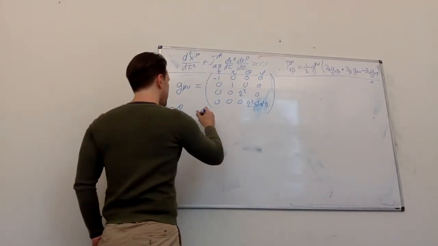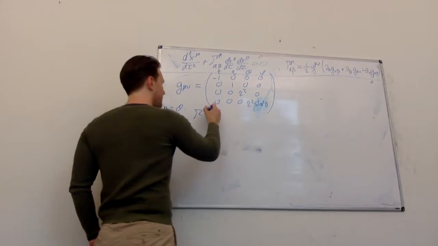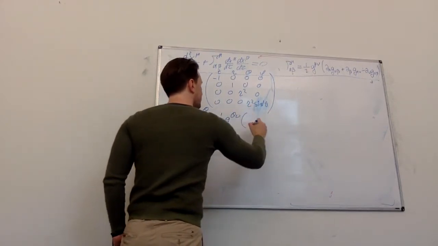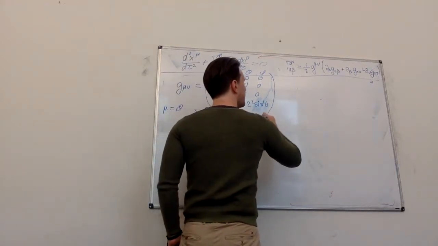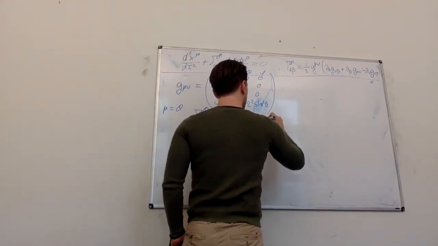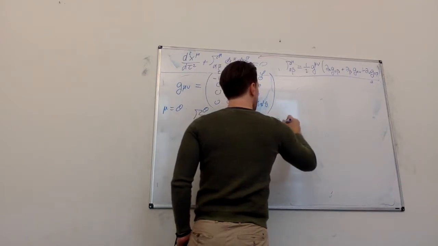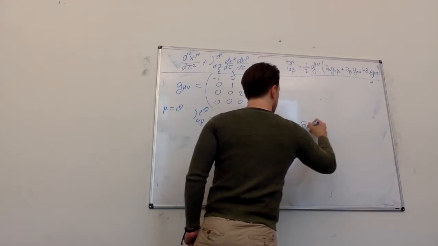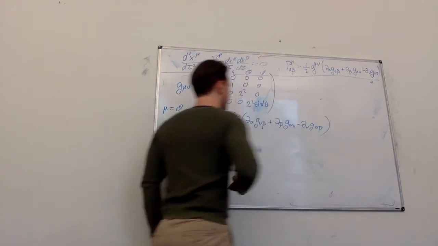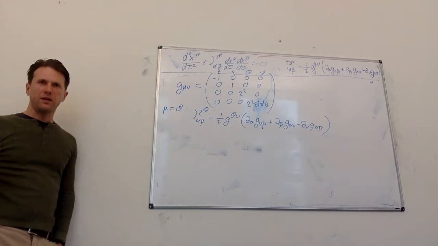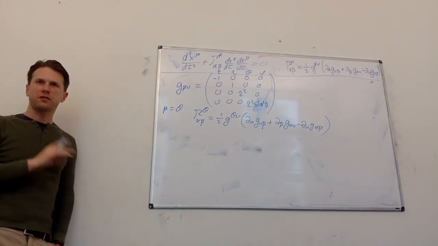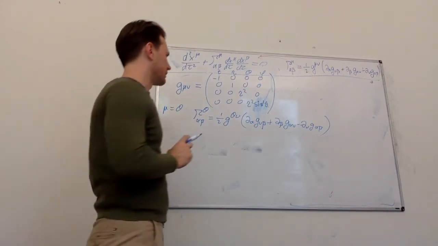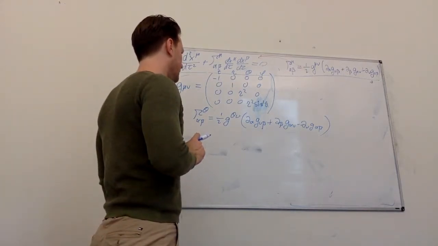So let's write down the Christoffel with mu is theta. Isn't the metric tensor in the Christoffel symbol formula actually the inverse metric tensor of that one?